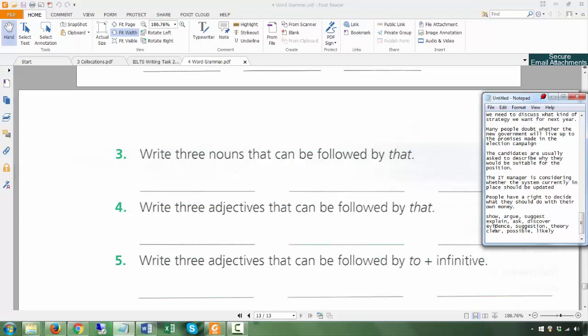And 3 adjectives that can be followed by to plus infinitive: customary, common, useful. Okay, so that's it.